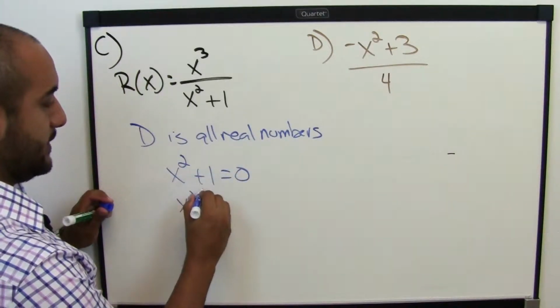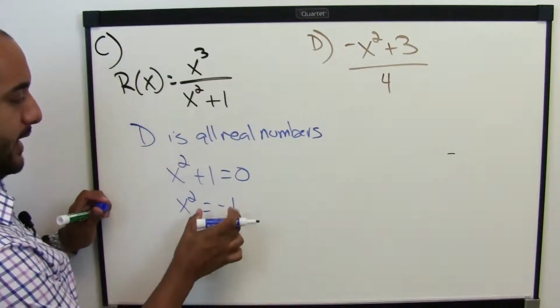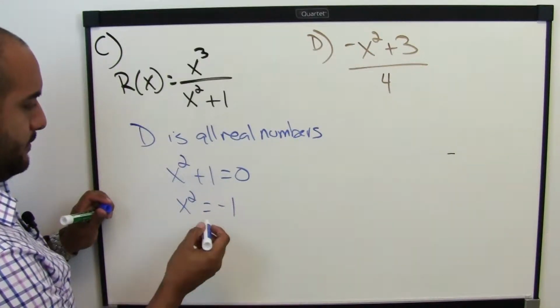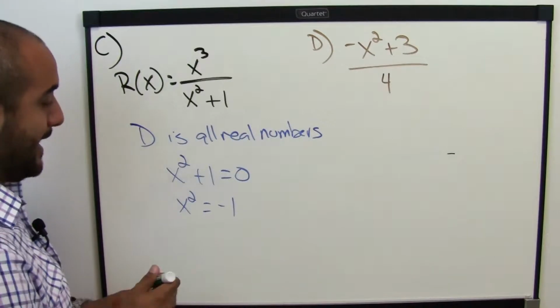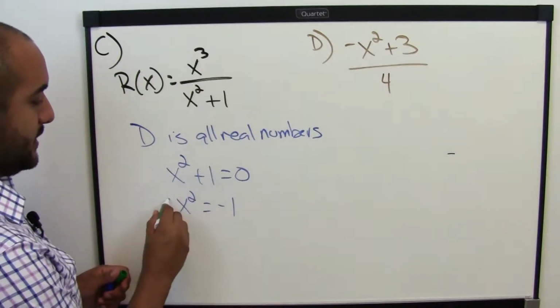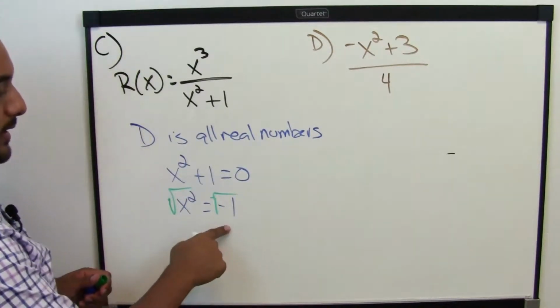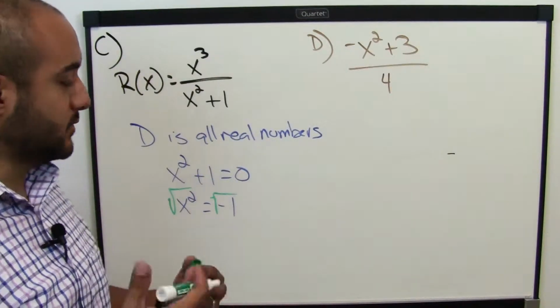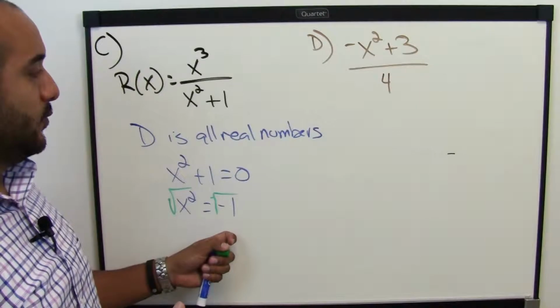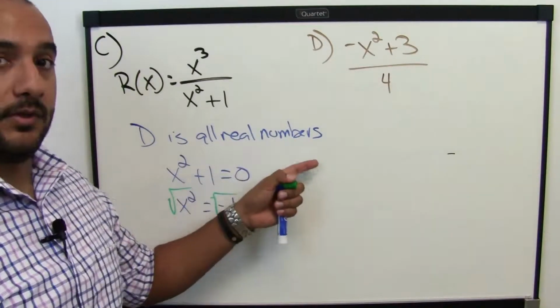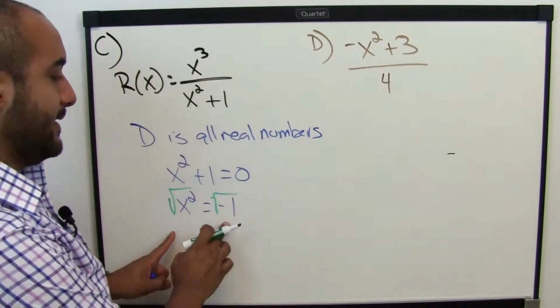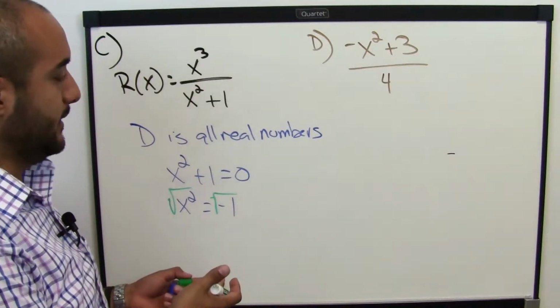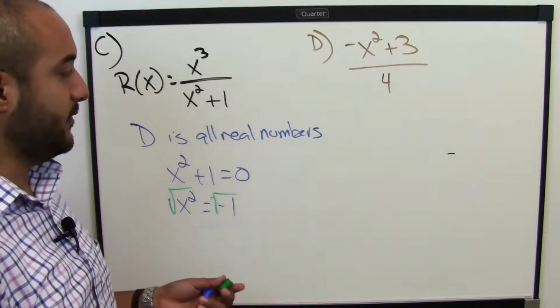So x squared, I'm going to subtract 1 on both sides, so I get negative 1. But notice that if I try to take the square root, you haven't messed with complex numbers or imaginary numbers yet, which are outside the realm of the real number system. So I can't keep solving this one for real number values.